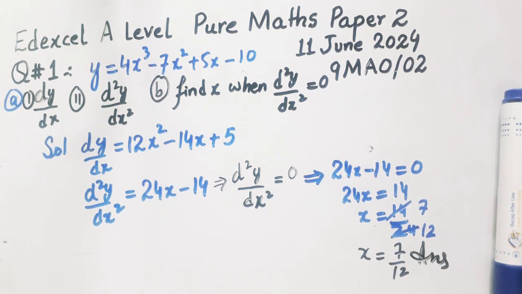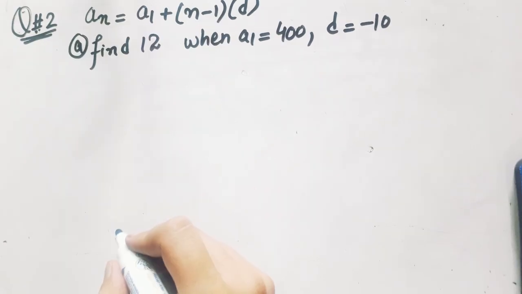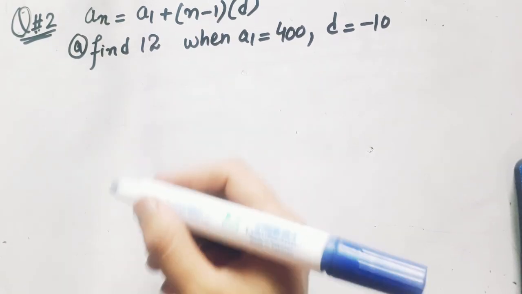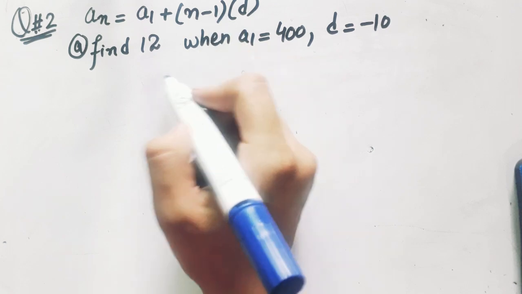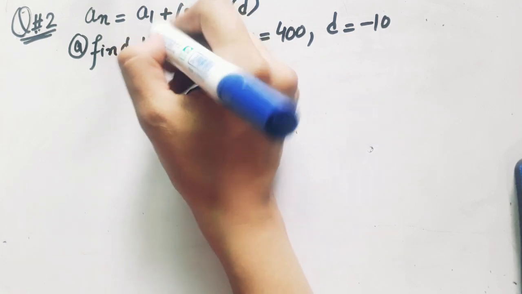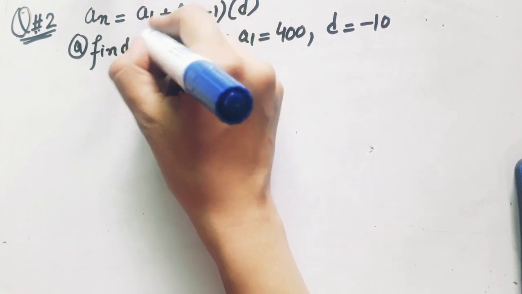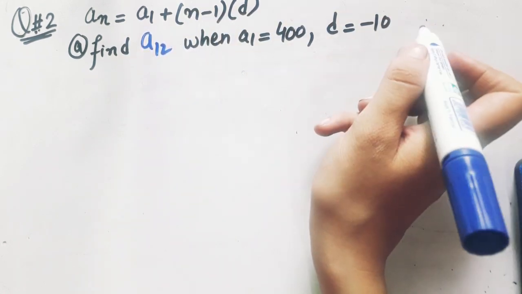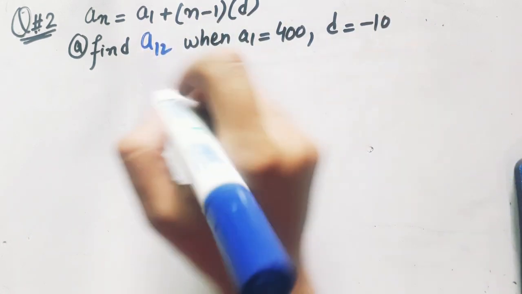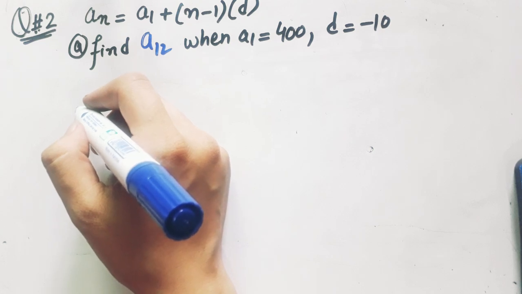Now I will solve question number 2. In question number 2, an is equal to a1 plus n minus 1 into d. Find a12 value such that a1 is equal to 400 and d is equal to minus 10. So we will put the values in the formula.